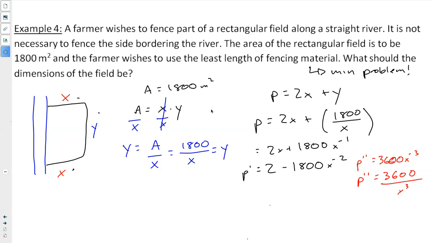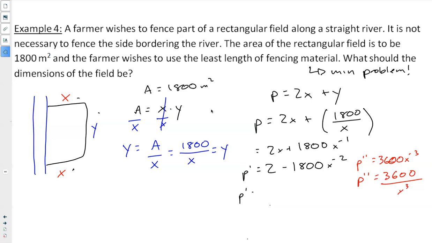Okay. So now that we've taken the first and second derivative, let's solve for when our first derivative is equal to 0. Before we do that, it's probably going to be easier just to rewrite our first derivative.